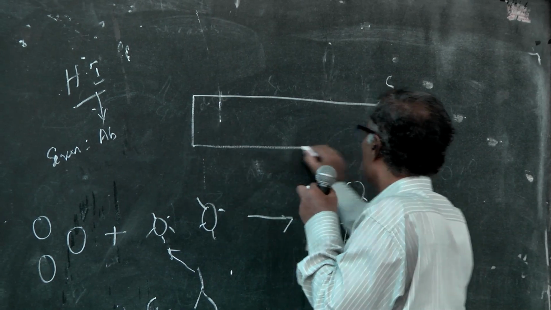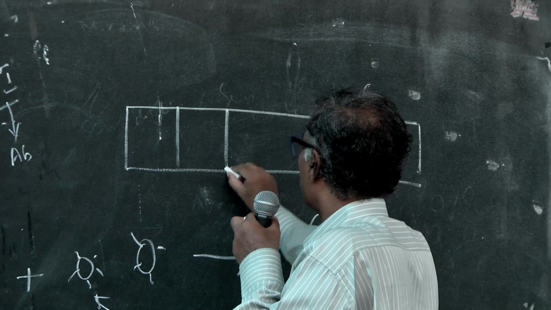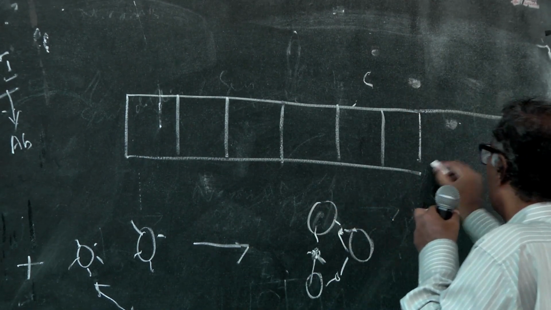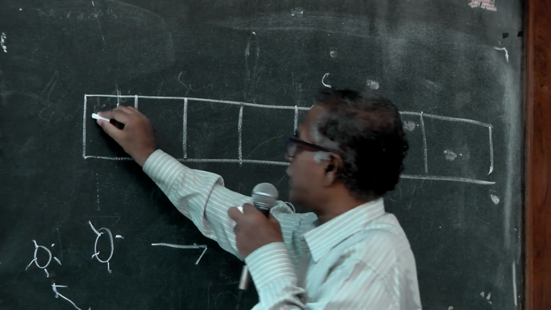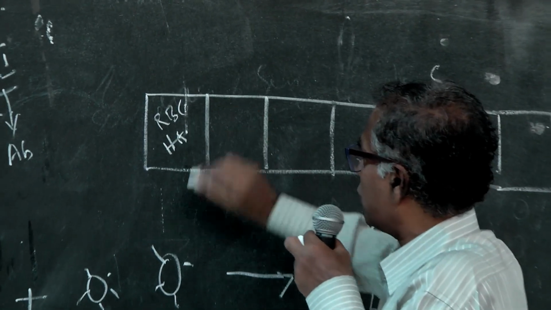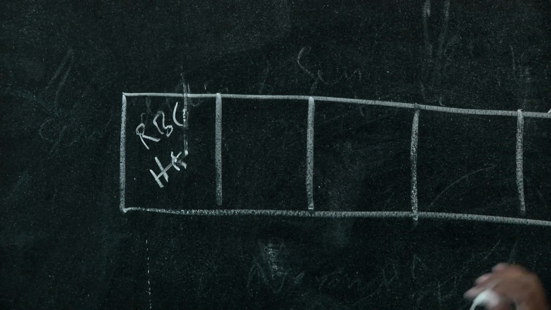So what happens now? For example, you take a tray and add RBC plus hemagglutinin. If it is like that, there is a chance for formation of a shield or button.